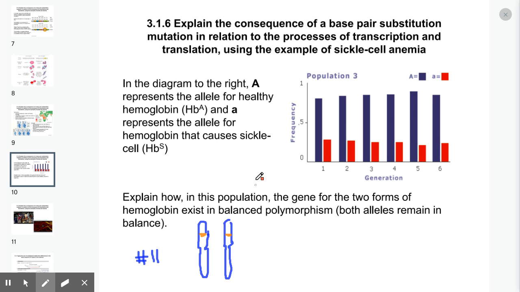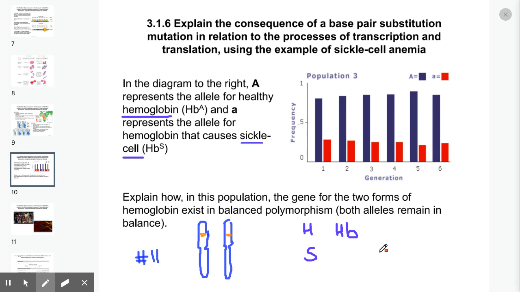So if we're talking about the hemoglobin gene, there are two forms of that. You can have a healthy one, or you can have a sickle cell one of your hemoglobin. You can have those two forms, healthy or sick. Now, we use a certain notation when we talk about this.